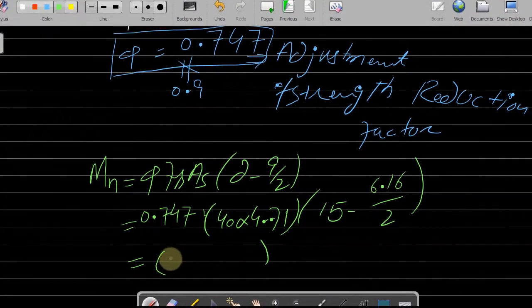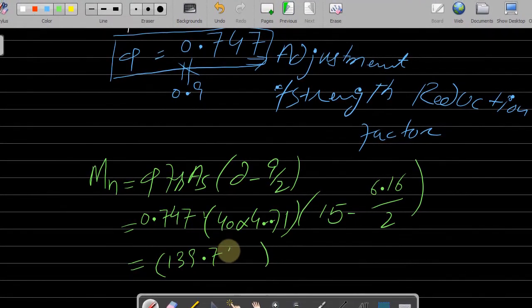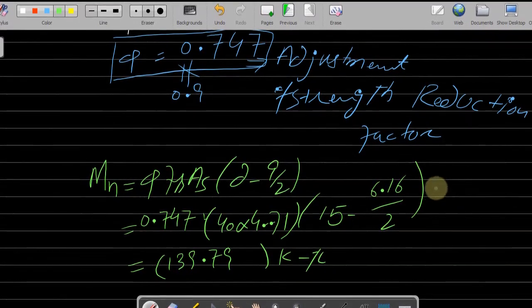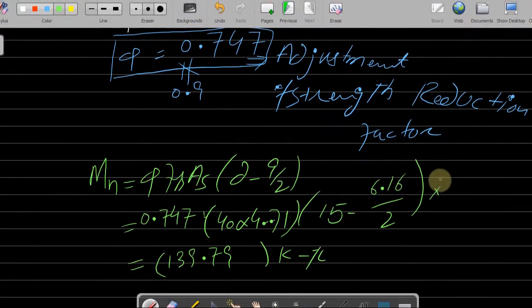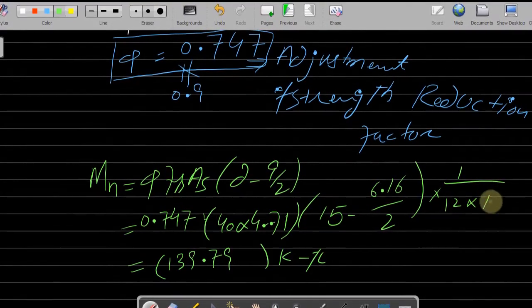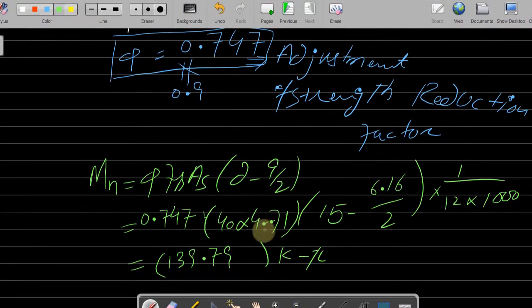The value will be 139.79 kip-feet. This value has to be converted to kip-feet, which means you have to divide this by 12 to convert inches to feet, and divide by 1000 for kips.